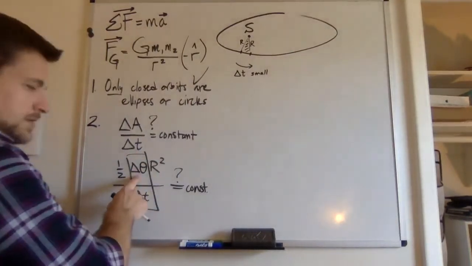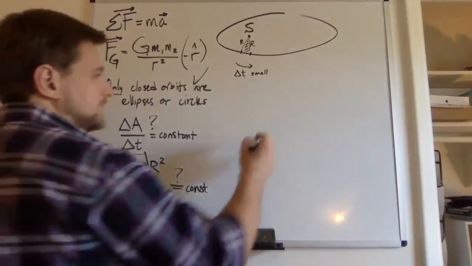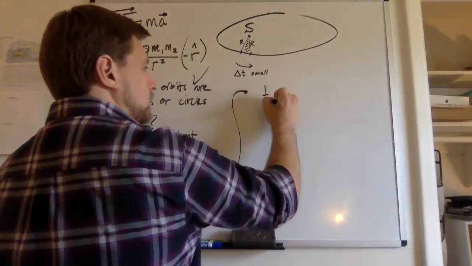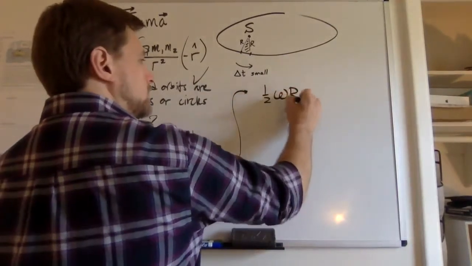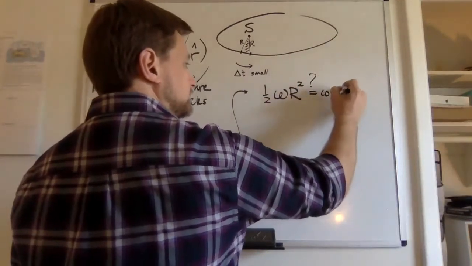But angle swept per time, we know what that is. That's omega. So now we're saying 1/2 omega R squared. Is that constant?